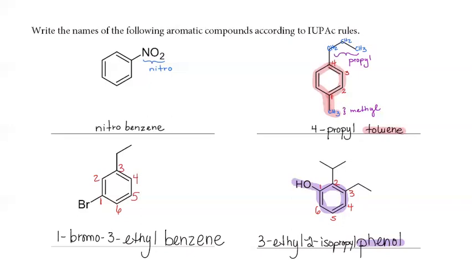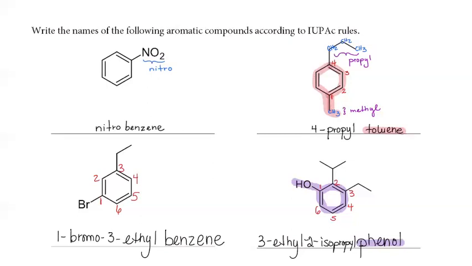No problem. So whenever you have a methyl group, a hydroxy or hydroxyl group, or you have an amino group within the benzene, that whole motif, and what I mean by motif in chemistry is that whole signature structure, becomes your parent chain. So in this case, because phenol becomes my parent chain, the carbon that is holding it is carbon 1.